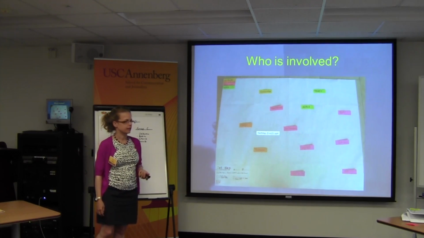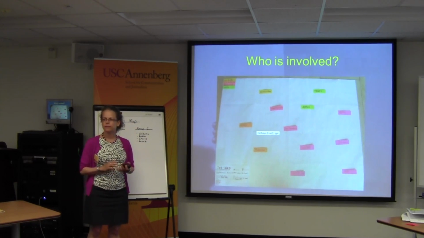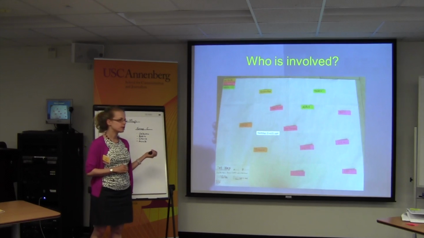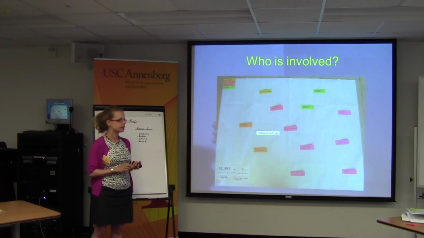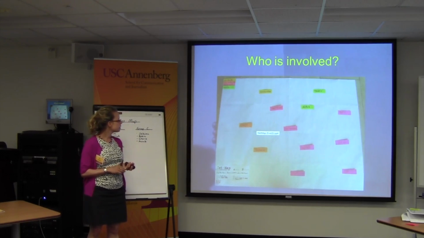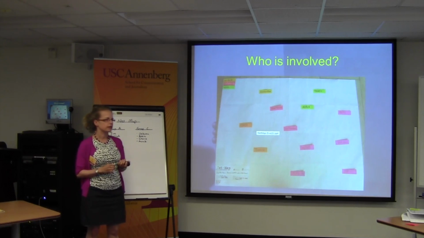Here I've used different colored post-its, and I have different colors for different actor groups. In this specific case, which is a water governance case in northern Ghana, I used the pink post-its for government actors, the orange ones for traditional authorities, yellow for community-based actors or civil society, and green for NGOs.